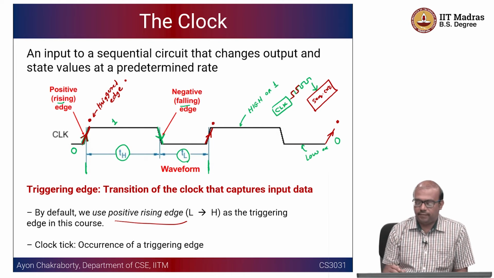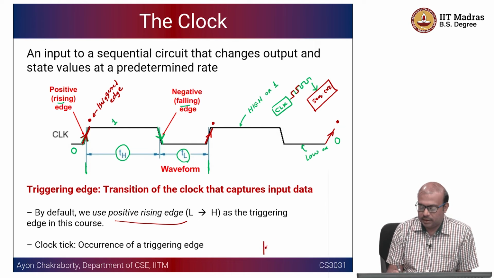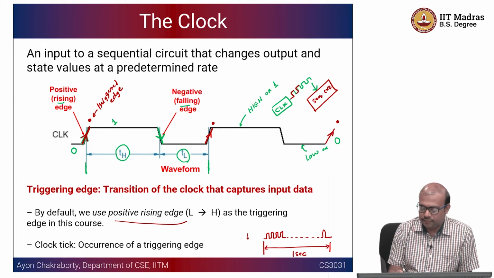If I draw the diagram, this is 1 second, 1 second. If you have a clock operating at 100 hertz, you will have something like this, and your entire cycle is about 10 milliseconds.